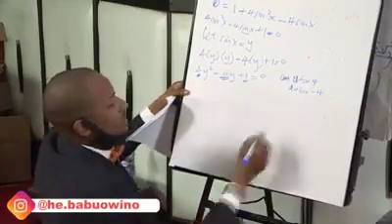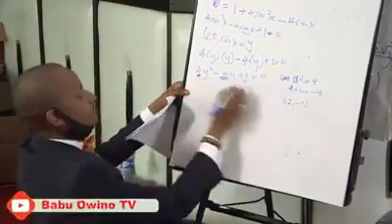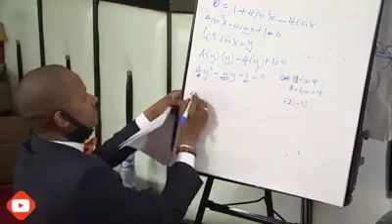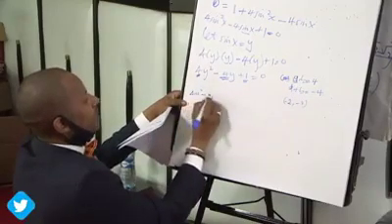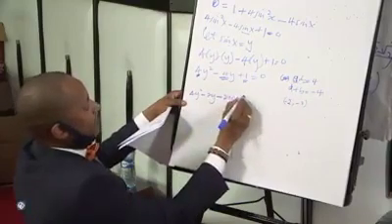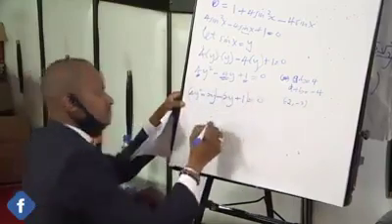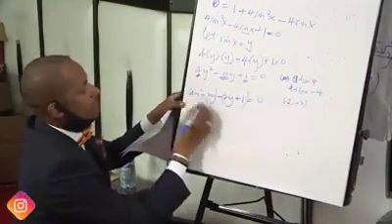So the two numbers here are negative 2 and negative 2. Therefore, when you factorize this, it becomes 4y squared minus 2y minus 2y plus 1 equals 0. Then we collect the like terms. What is common here is 2y.